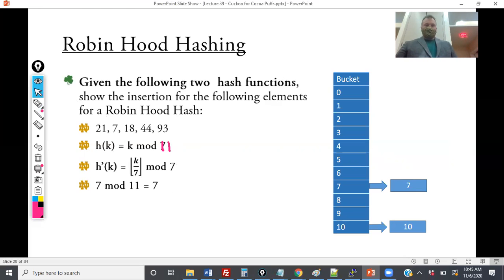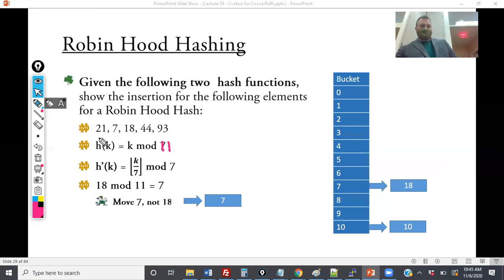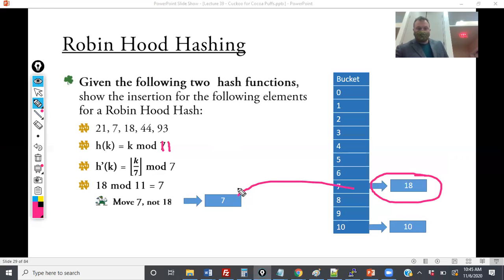And now we're going to do 18. 18 mod 11 is also going to give us 7. So now we are going to replace 7 with 18. And now 7 has been moved out. Did everybody see that? Now we are going to go to the second function.